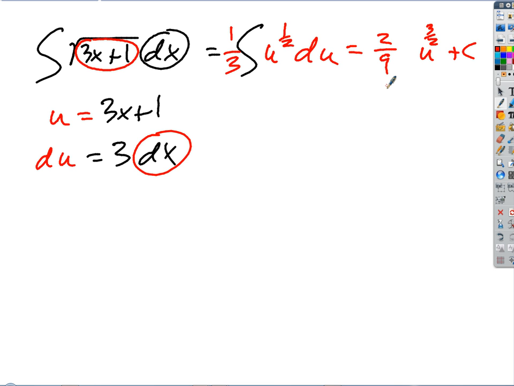Okay, so there's our answer. Last step. Yeah, good. We got to reverse that substitution and get back to x's. Right? So our final answer would just look like 2/9 times the quantity 3x plus 1 to the 3/2 plus c.